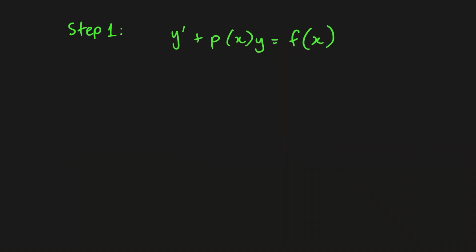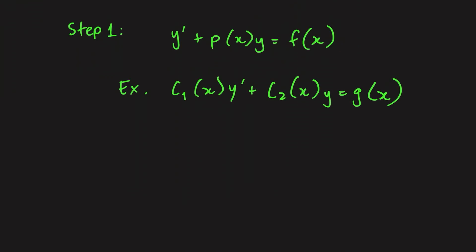So let's say you have c1 of x times y prime plus c2 of x times y equals g of x. If the coefficient is not equal to 1, you will have to divide the whole equation by c1 in order to get an equation similar to the form above.